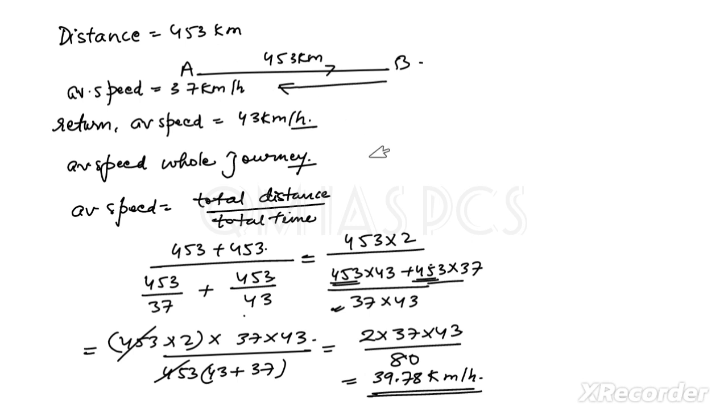So the average speed formula is equal to 2 multiplied by both average speeds divided by their sum. You can write 2 multiplied by, let's say the average speed going is A and the second average speed for returning is B, divided by their sum A plus B. So this will be your formula, whether the speed is given in kilometers per hour or meters per second.